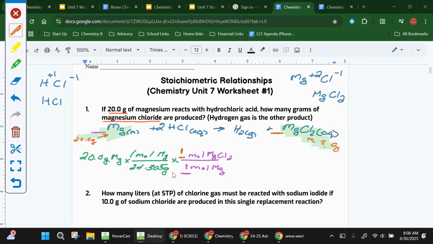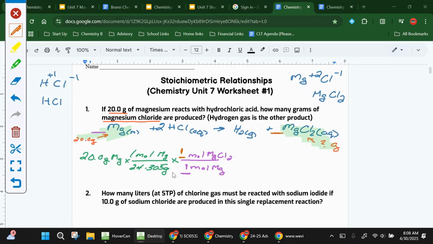of magnesium chloride. Okay? Now, I want to clarify something here. Yesterday, one of my class asked me, well, Mr. Brand, if there was a 2 in front of here, would I put a 2 here? No. This is the step we learned in Unit 5. This is going from moles to mass, or mass to moles.